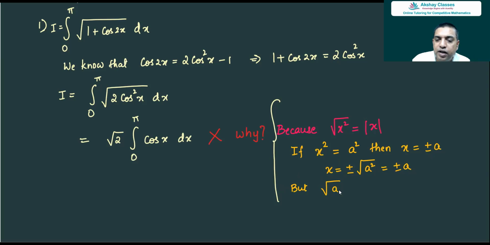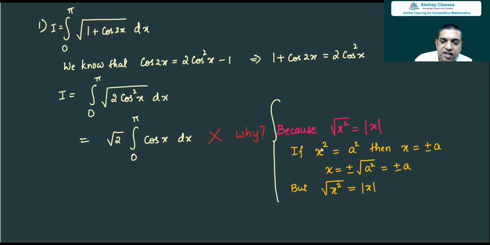But under root of a square, which we don't know what the value of a is, or to be more precise, under root of x square will be modulus of x, because here the root is associated with positive sign only.